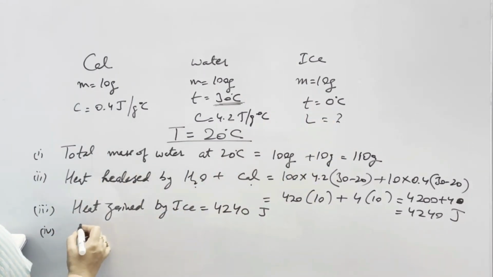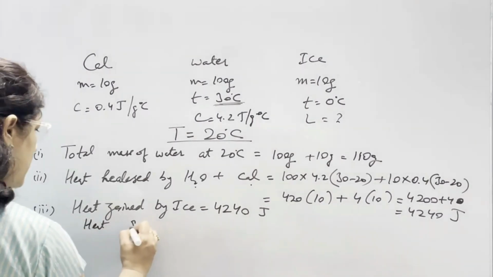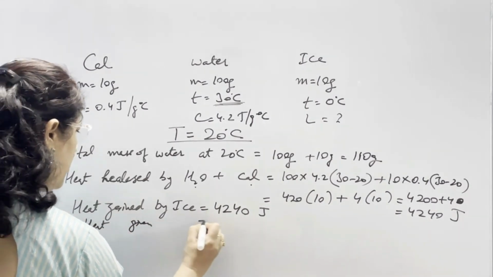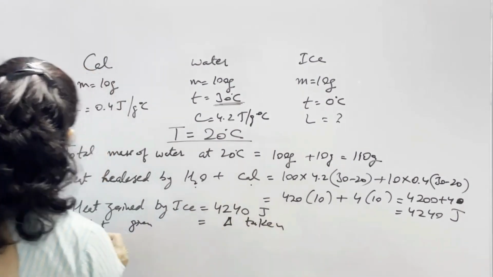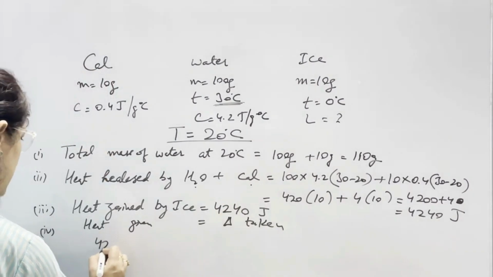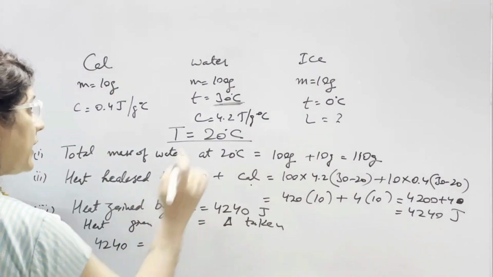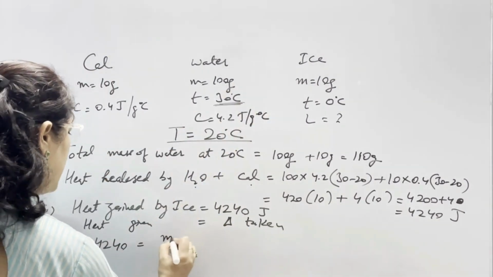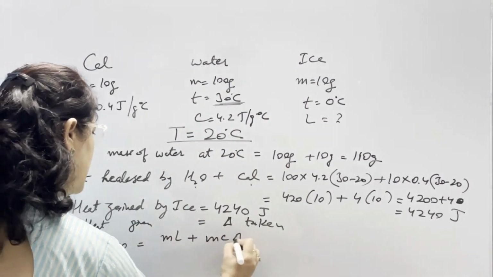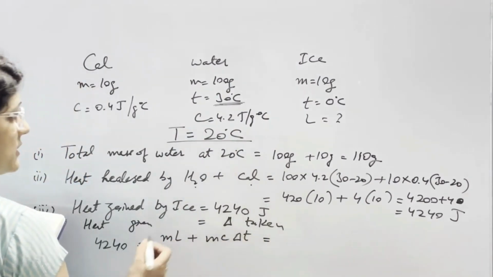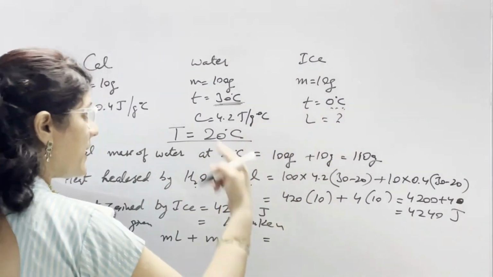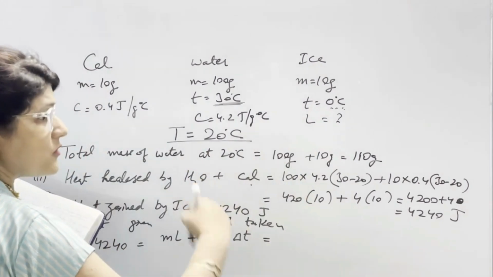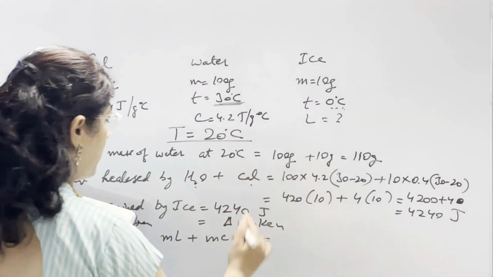So we know, according to principle of calorimetry, heat energy given is equal to heat energy taken. Given is what we have just calculated, 4240, and taken by ice is mL plus mcΔT. Both we need to consider because the temperature of ice is given as 0. So first it will melt at 0 degrees Celsius from ice to water, and then the temperature of water will increase.